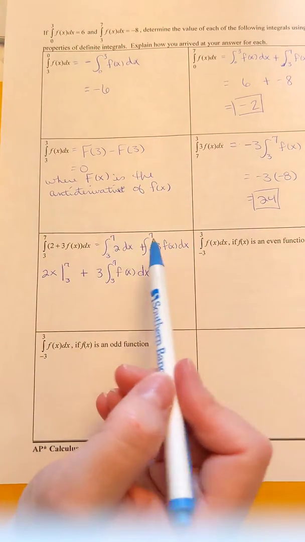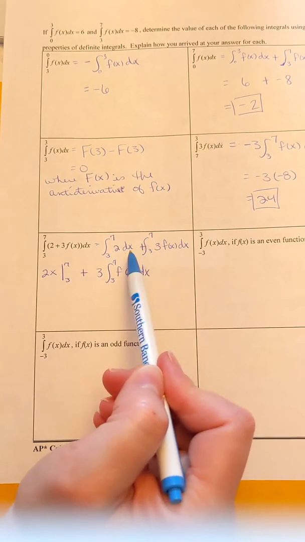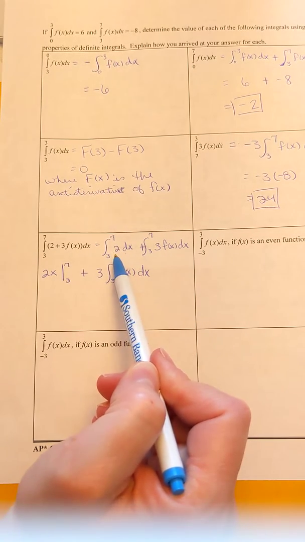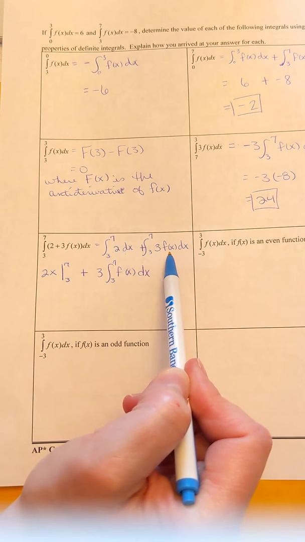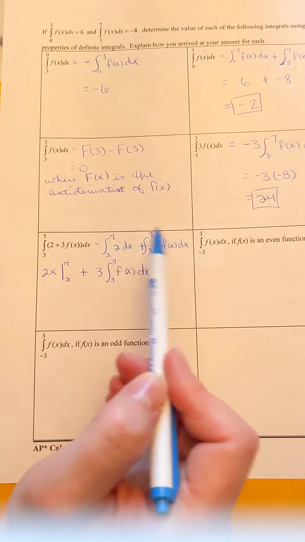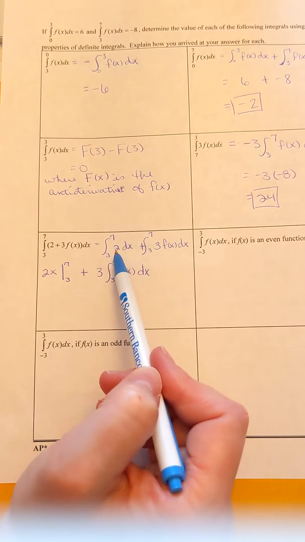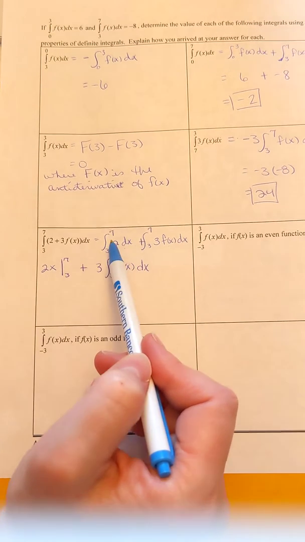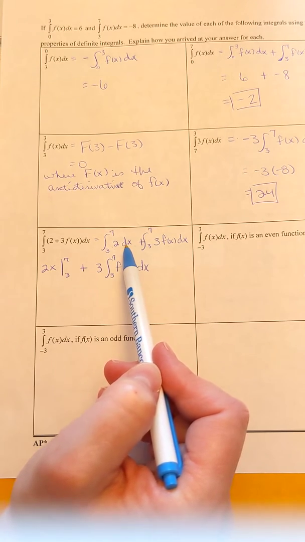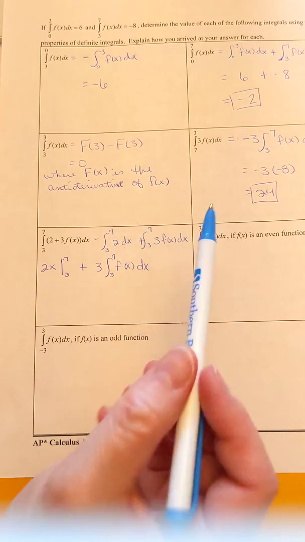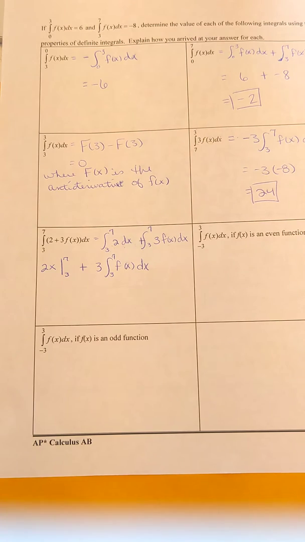So I need you to pay attention. These are not the same. This is f of x, which was given to me in the directions. This is just the antiderivative of 2 dx from 3 to 7. I don't know this one. Now you're like, well, we got 3 to 7 up there. But we have 3 to 7 of f of x.